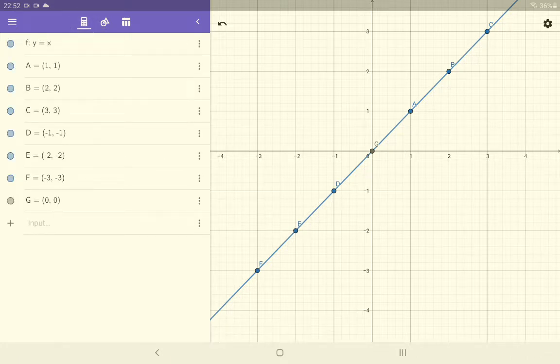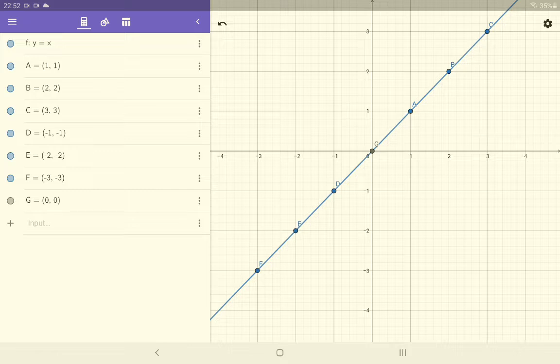Domain is the set of real numbers, because all the points lying on the x-axis are my domain. And the range? You can see this line passing through the origin, and we can stretch that line up to infinity.